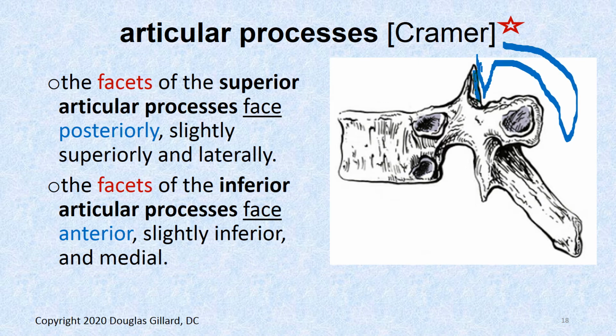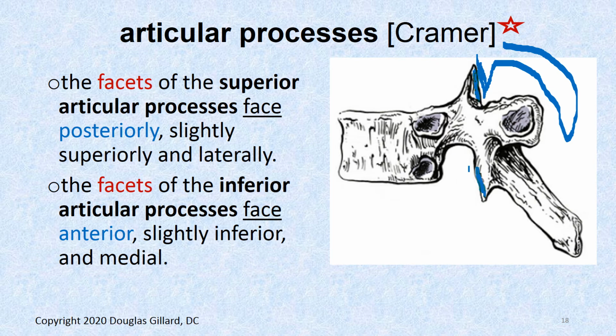But that would be the inferior articular process. So the inferior articular process would have the facet facing forward. It would be on the other side. We can't quite see it, but I can draw it in. The superior articular process has the facet facing backwards. The inferior has the facet facing forwards, or anteriorly.